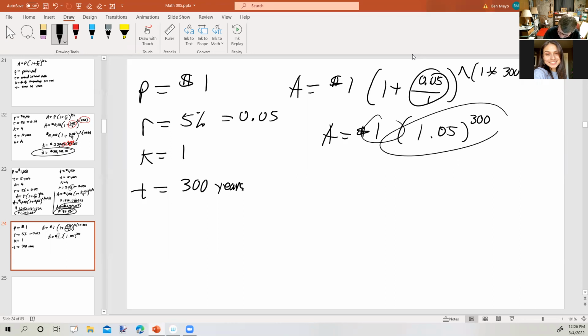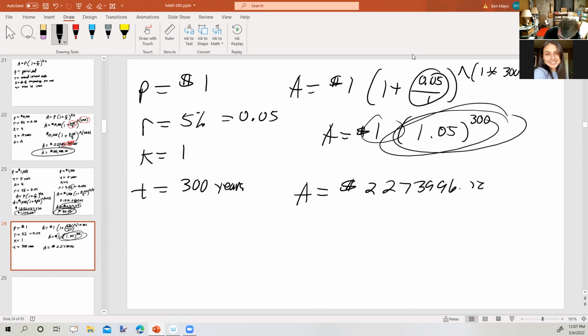And what's 1 times all of that? Basically all of that. So if you take 1.05 to the 300th power, I get 2273996.129. So that's going to be what? $2,273,996.13.